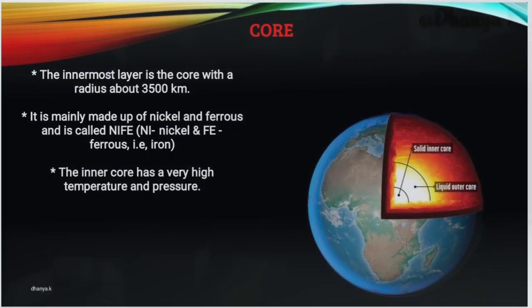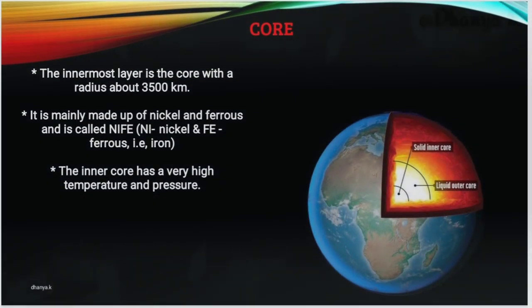The innermost layer is the core with a radius of about 3,500 km. It is mainly made of nickel and iron. Thus, it is called NiFe. Ni stands for nickel and Fe for ferrous, that is iron.